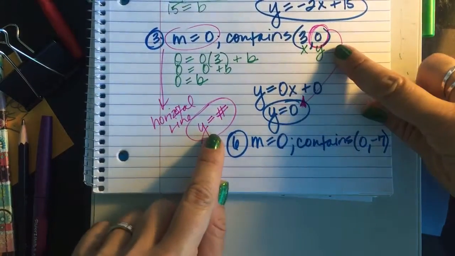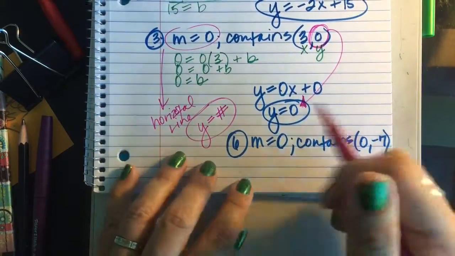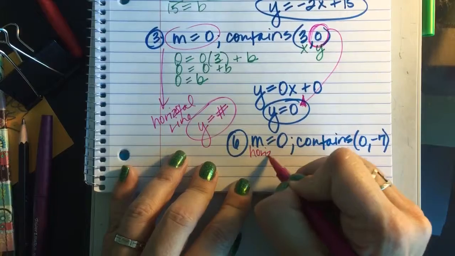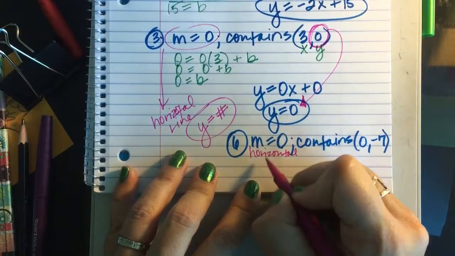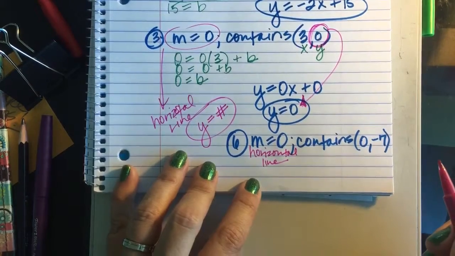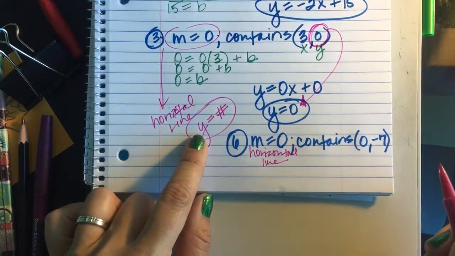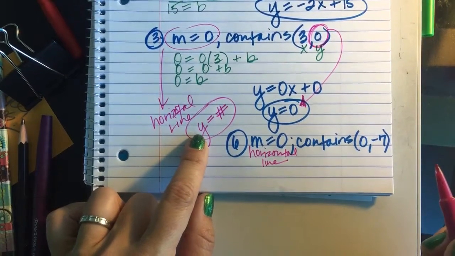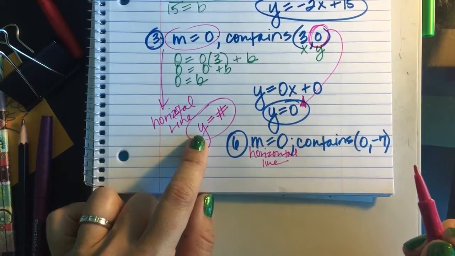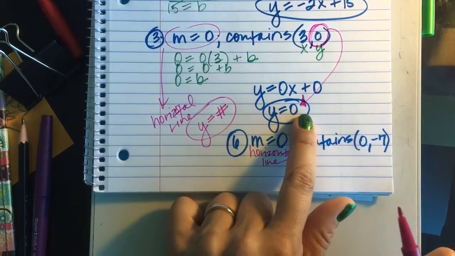So seeing what just happened in this last problem, what would be the equation for this horizontal line if this horizontal line goes through 0 and negative 7? So horizontal lines are always y equals a number.